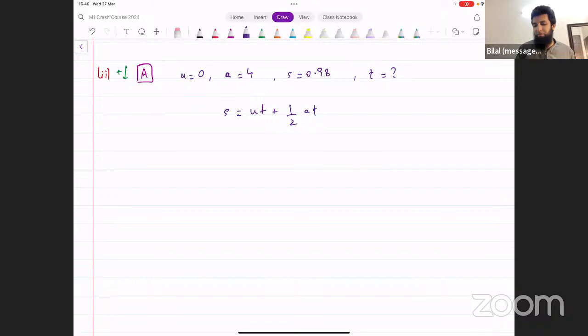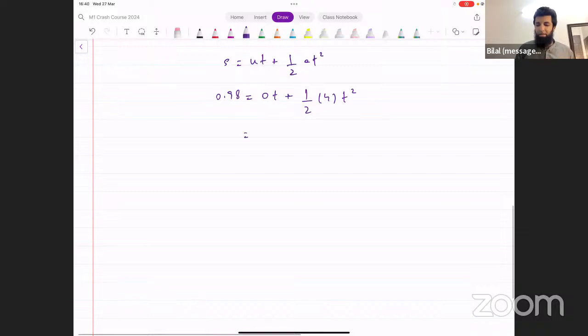Just input values in this. That will give you the value of T. S is 0.98. That equals U, which is 0 times T, plus half into A, which is 4 into T squared. And that gives you 2T squared equals 0.98. T squared equals 0.49.